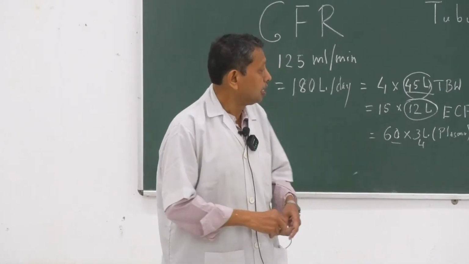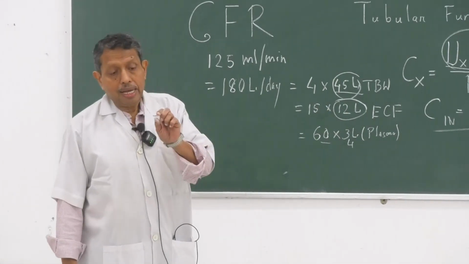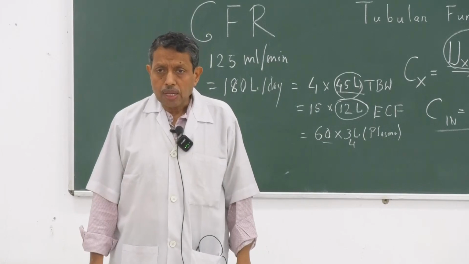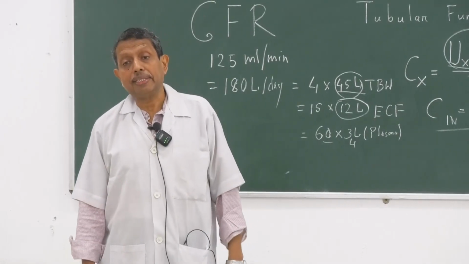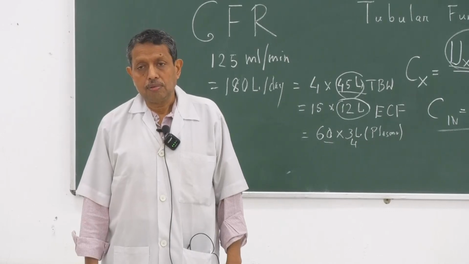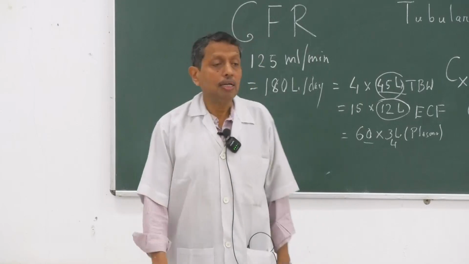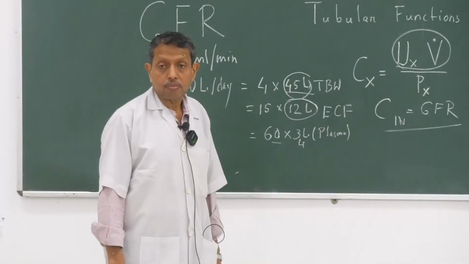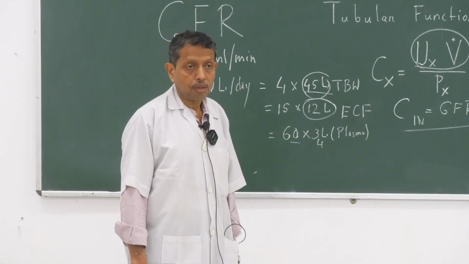But its concentration in the urine is sufficient. In the plasma, the concentration is low and its measurement to some extent is defective. It is overestimated, so that the ratio becomes almost equal to that of the GFR. Clear?